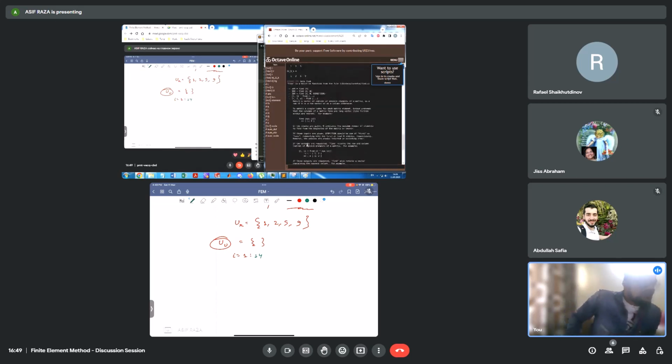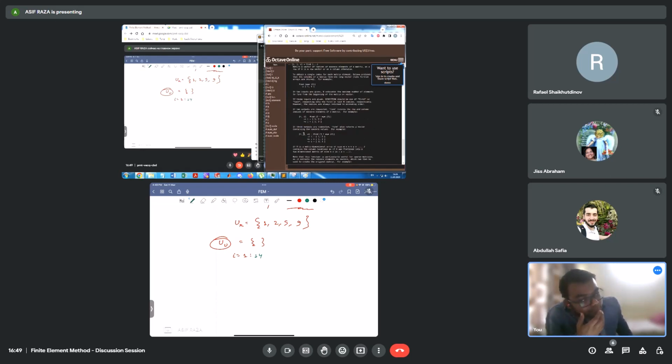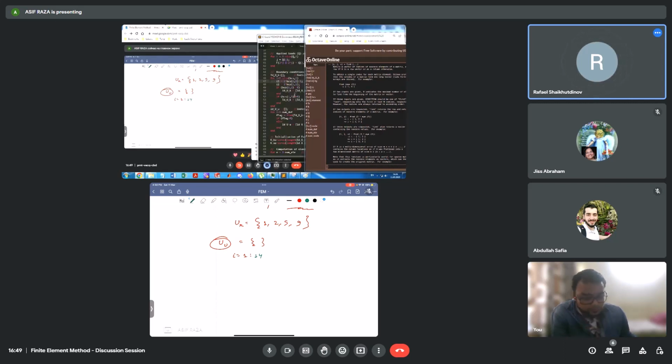The find function compares whether that's true or not, and it returns the non-zero elements.